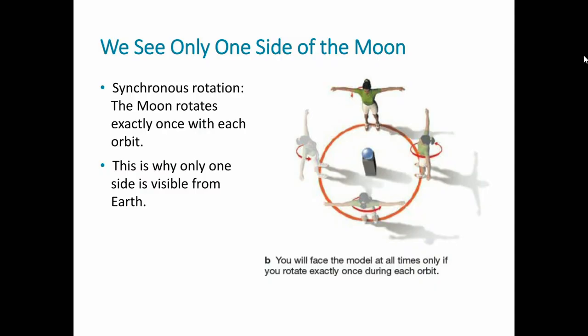So there's a far side of the moon, which is the side that never faces the Earth, but there's no such thing as the dark side of the moon, because we saw with the lunar phases, half of the moon is always illuminated, and that changes as it goes around the Earth. But the same side is always facing the Earth. And this is a type of orbit that we'll come back to when we talk about exoplanets, so planets orbiting other stars. This is a special type of orbit.